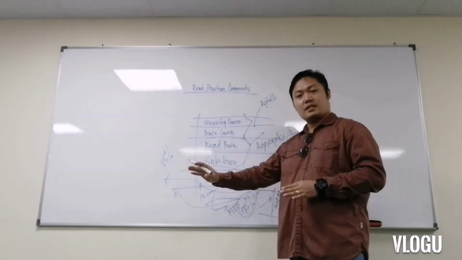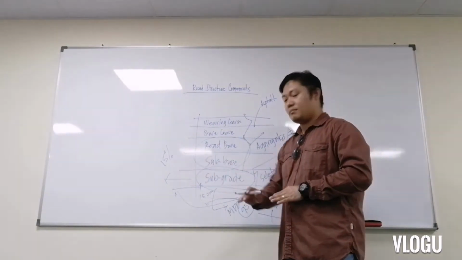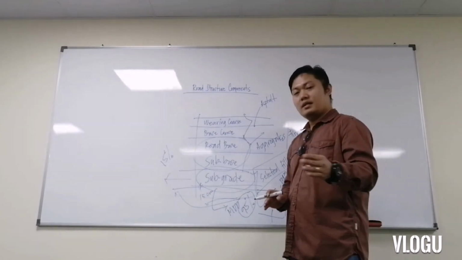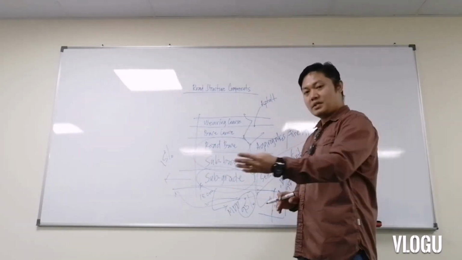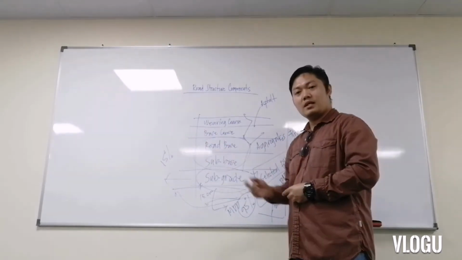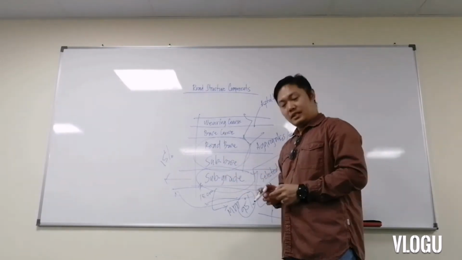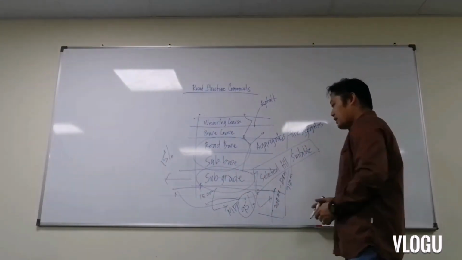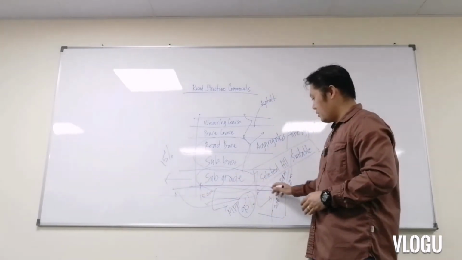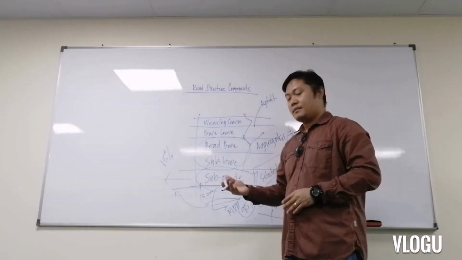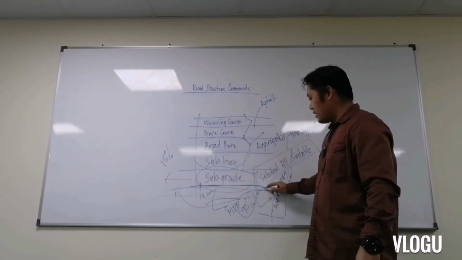So we are going to backfill this in layers. Every 15 cm or 150 mm, we have to ensure that we acquire the MDD value of 95% compaction, and at the same time the CBR value of 50% minimum.